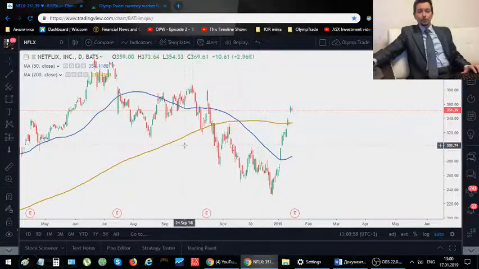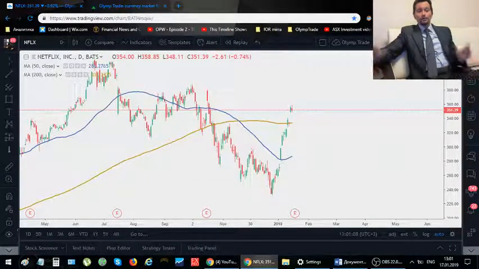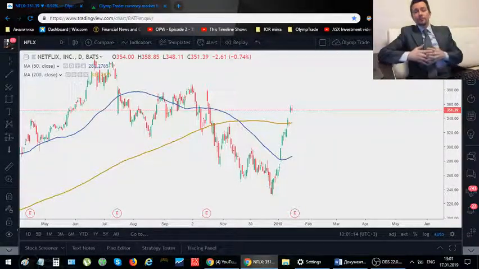Now, I want to show you a way that you can create an index yourself using a chart like this. For those who don't know, Netflix is a part of the FANG stocks, and they have overperformed the market for the last 5 years. They've been showing higher returns than the S&P as a whole.